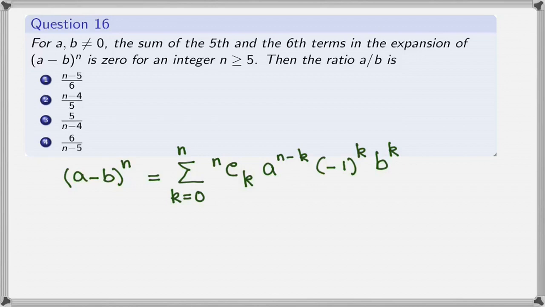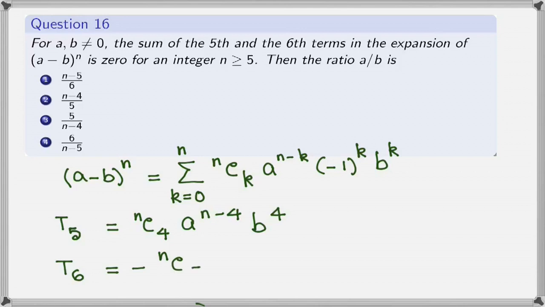Let us denote the fifth term by T5 and the sixth term by T6. We write down from this expansion what is T5 and what is T6. So T5 is nC4 a to the power n minus 4 into b to the power 4, and T6 is minus nC5 a to the power n minus 5 into b to the power 5.